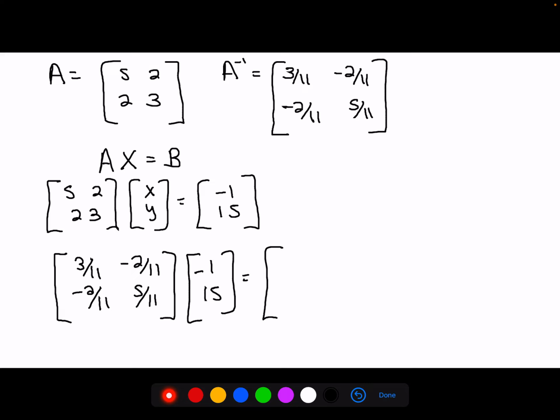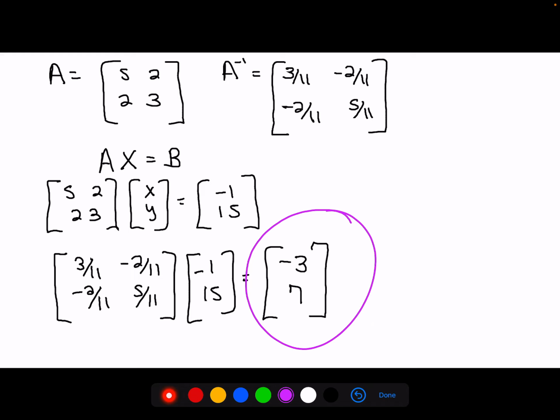All right, row 1 times that column matrix: we'll have -3/11 and -30/11, so that's -33/11, which is -3. Then in row 2 with that column matrix, we'll have 2/11 plus 75/11, which would be 77/11, or 7.